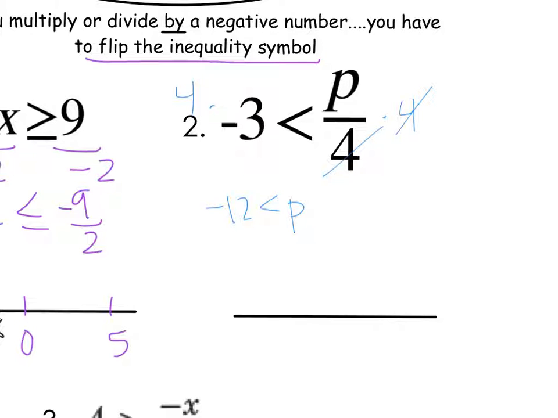But I will right now rewrite this so that I can see my variable on the left-hand side. So I will have here p is greater than -12. And now I need to graph this, so I will plot on my graph 0, -12, and 12. And then I'm going to have an open circle at -12, and p is greater than -12, so I need to shade to the right.